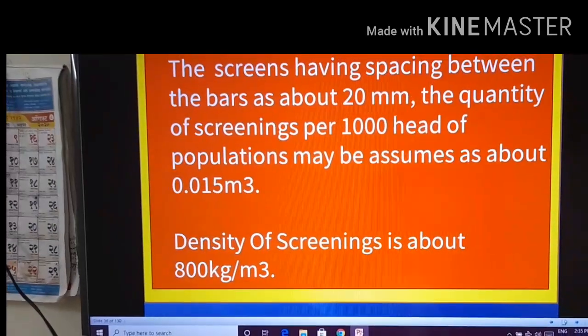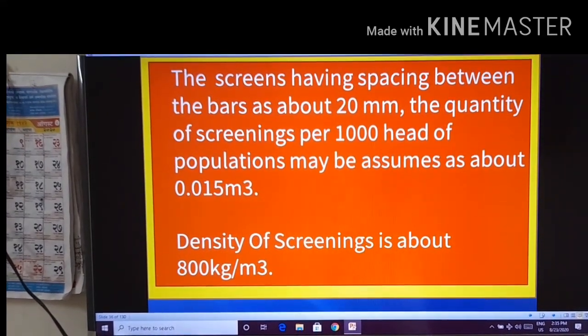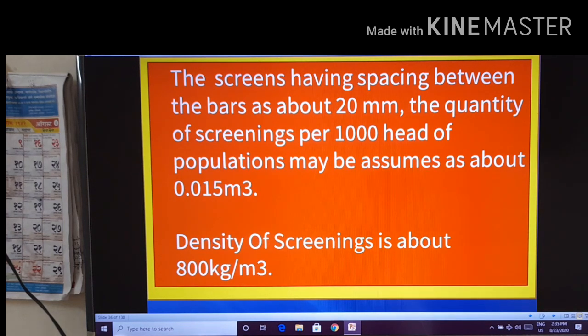For screens having spacing between the bars of about 20 mm, the quantity of screenings per 1000 head of population may be assumed as about 0.015 meter cube.